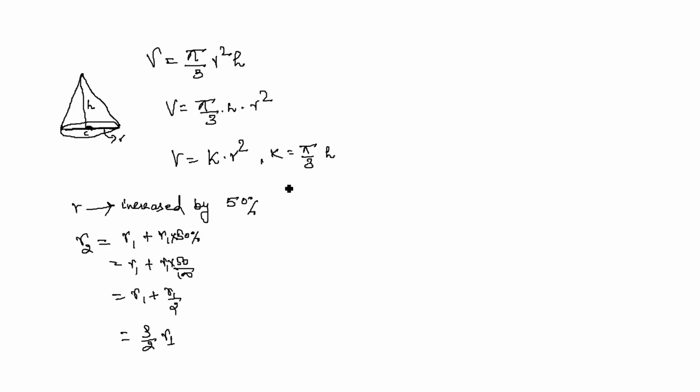So initially the volume was V1, which is k into r1 square. Now after the radius is increased by 50%, the volume V2 will be k, the constant, into r2 square. So k into r2 is 3 by 2 into r1, squared.